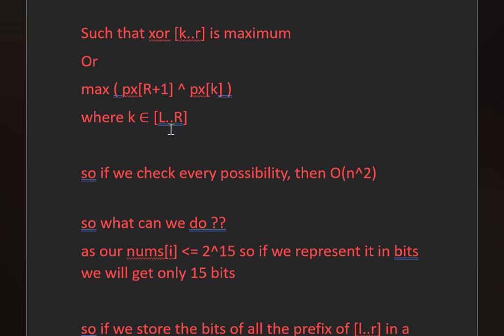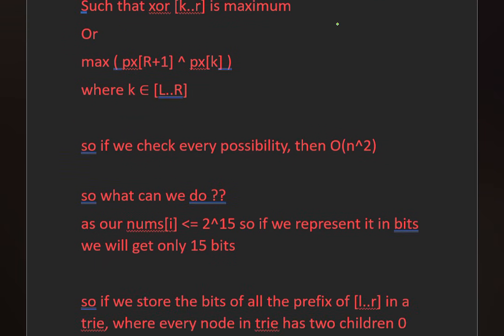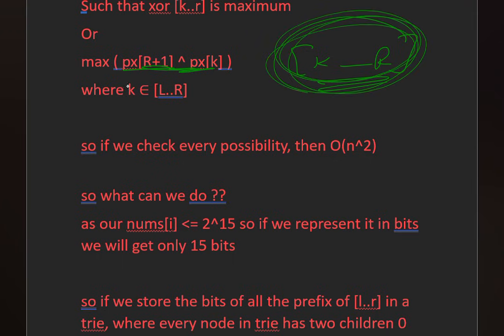Or we can see this as maximum, this will give us the XOR of k to r. So we have to maximize this, where k belongs to the current range L to R of the subarray.